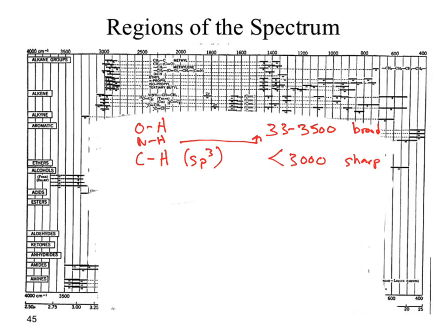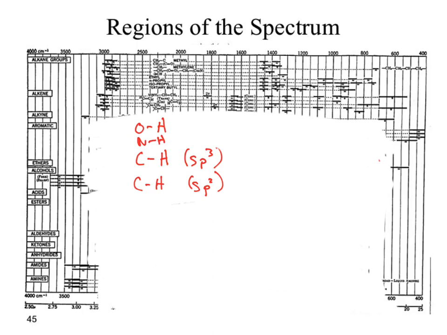What you should be using is the list of bonds and asking, which bonds should I know how to identify? Now I need to go out into the world and find signals that represent that.